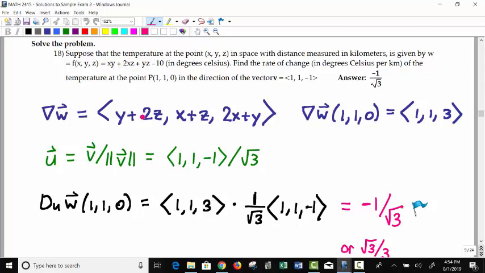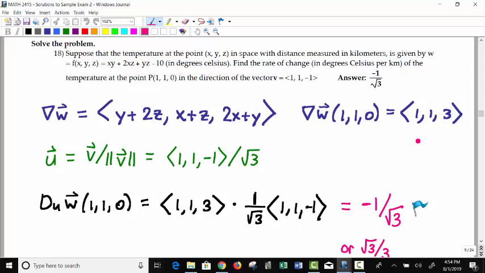So you have y plus 2z. For y, both y's go away, so it'll be x plus z. And the last two have z terms. There goes the z, so it's 2x. There goes the z and y, 2x plus y. So the gradient evaluated at the point (1, 1, 0), plug it in, real easy, you'll get (1, 1, 3).